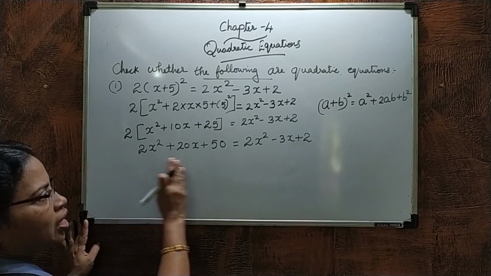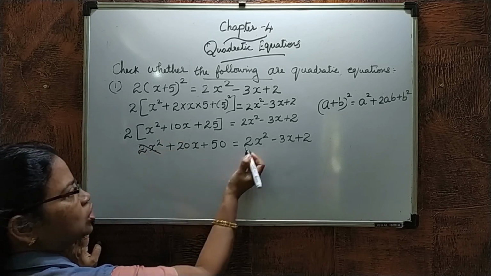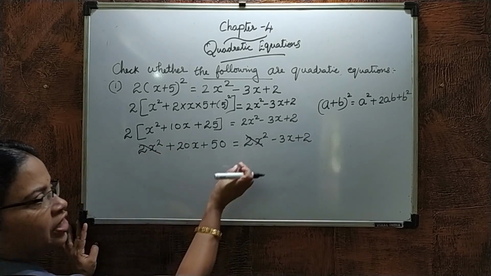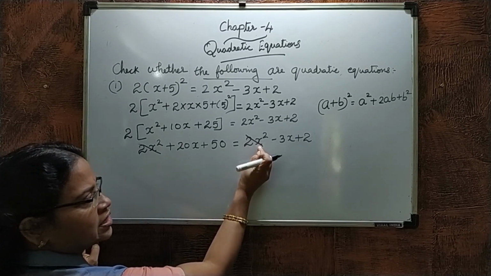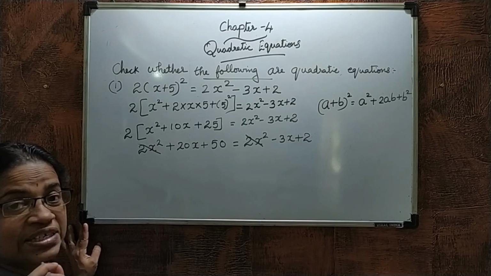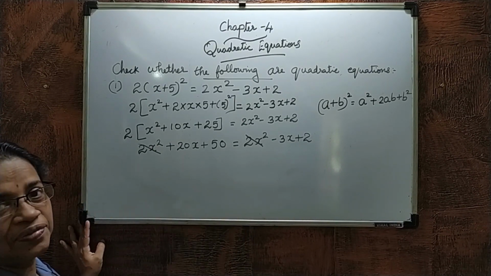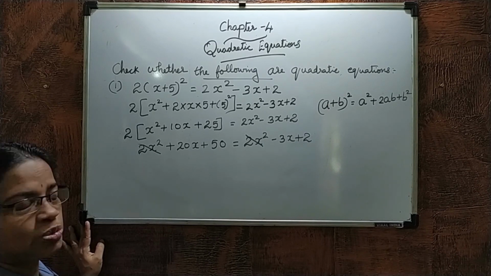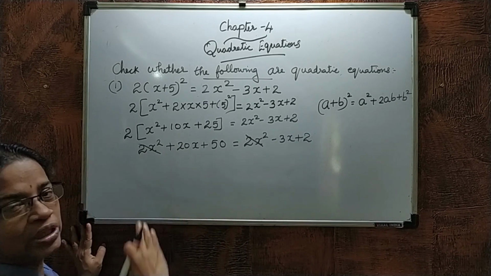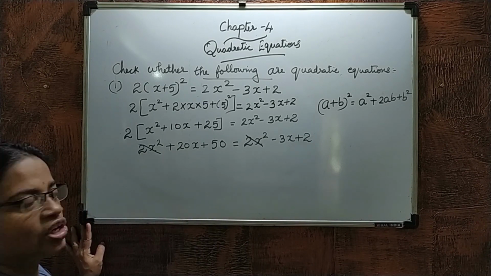So 2x square minus 2x square will cancel. So no need to take this one to the other side, because it is the same number, same variable, same exponent and the same sign. Here it is positive, here also, so you can cancel. If the sign or exponent or anything changes, please don't do it. Take all the things to the left hand side. Clear? Or any one side you can take.